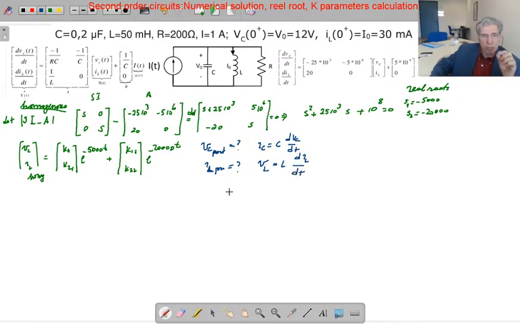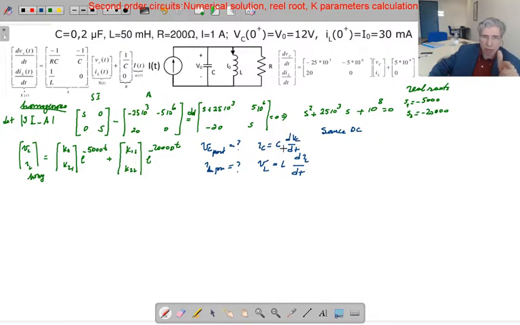Since the source is DC, all the elements' particular solutions are going to be DC. That means this voltage is constant, this current is constant.